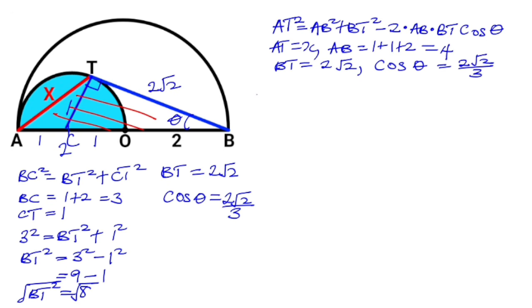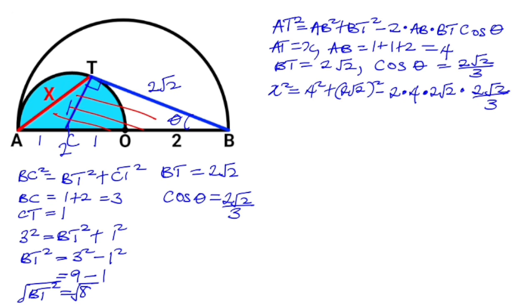Substituting these values in the above expression will give us x squared is equal to 4 squared plus 2 times the square root of 2 squared minus 2 times the product of 4 and 2 times the square root of 2 multiplied by 2 times the square root of 2, all divided by 3.